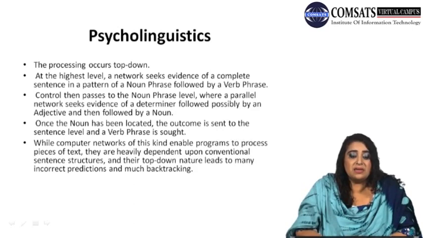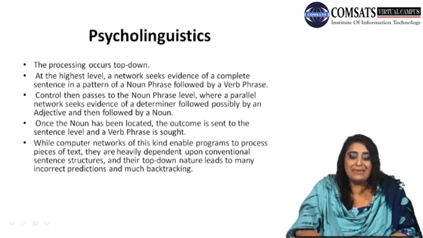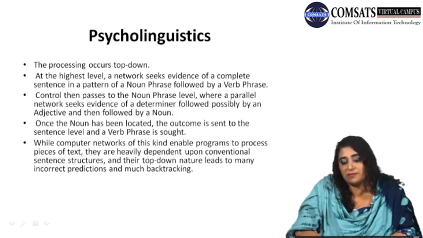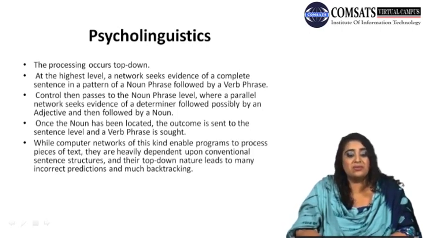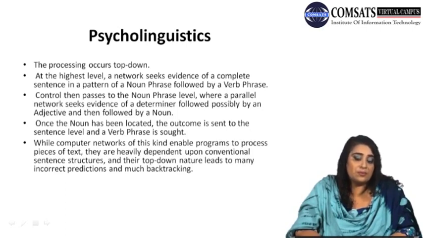Now the processing occurs top down. At the highest level, a network seeks evidence of a complete sentence in a pattern of a noun phrase followed by a verb phrase. Now control then passes to the noun phrase level, where a parallel network seeks evidence of a determiner followed possibly by an adjective and then followed by a noun.